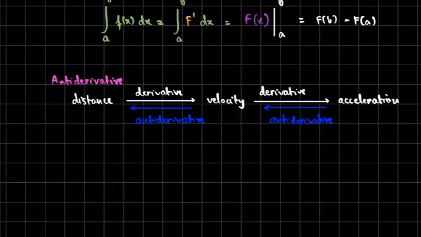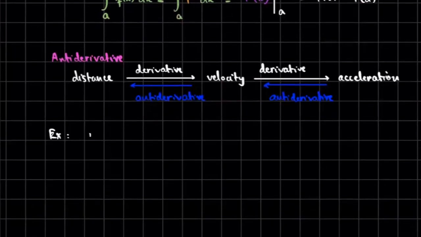So what do I mean by that? Let's consider the following example. Consider this equation: dy dx equal to 3x squared. In mathematics, this setup, this particular equation, is called a differential equation.